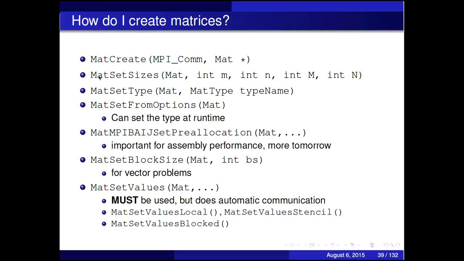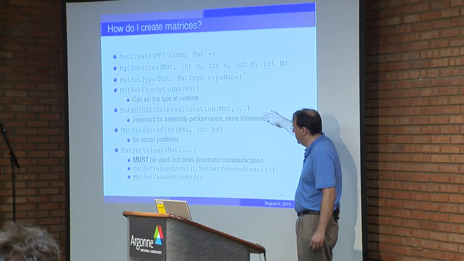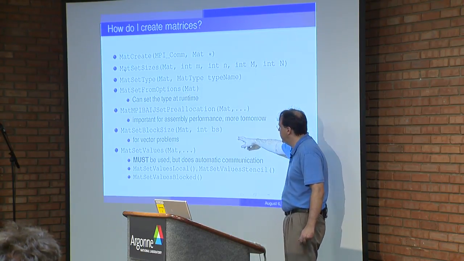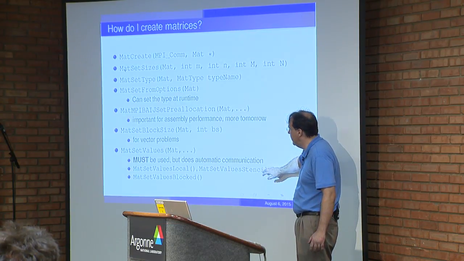As I mentioned, since the matrices are almost always sparse, you can provide additional information about the sparsity pattern with these routines, set pre-allocation. And these are then used by PETSc to optimize the allocation of the memory for those sparse matrices. You can set the block size, and then just like with vectors, you can call mat set values.